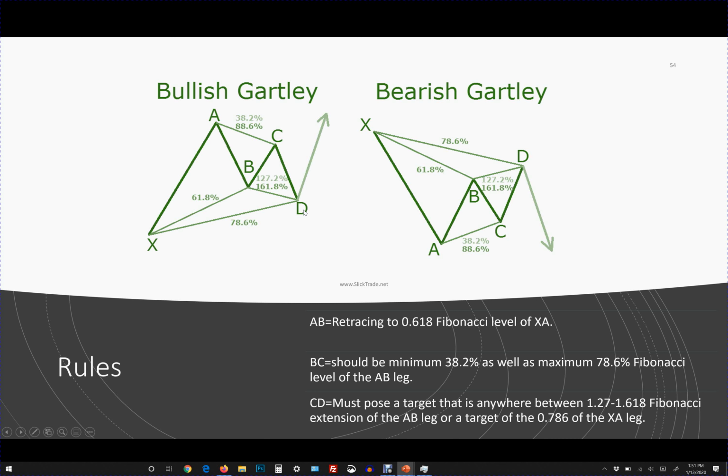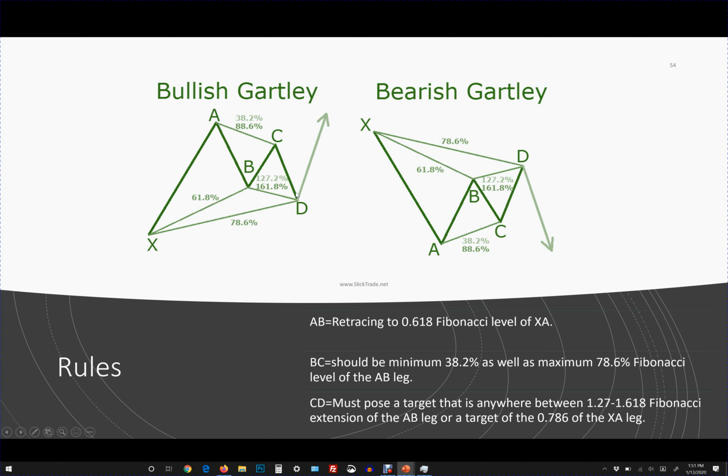So C to D must pose a target that is anywhere between 1.27 to 1.618, okay? That's where 127.2% and 161.8% comes from, of a Fibonacci extension of the AB leg, or a target of the 0.786 or 78.6% of the XA leg.